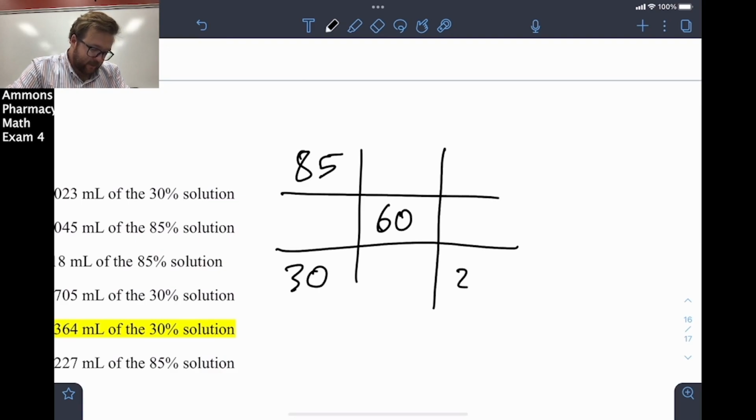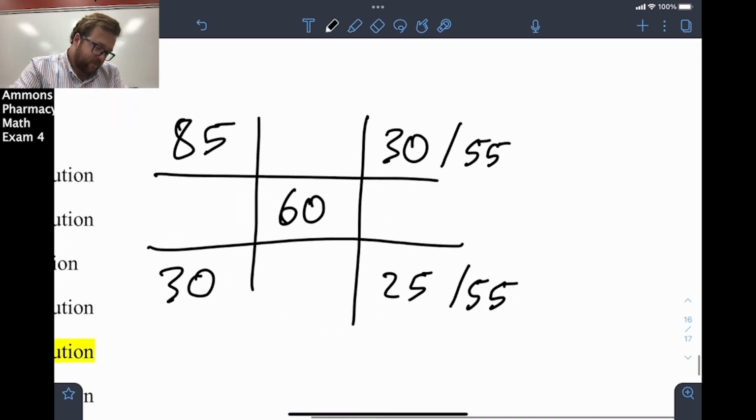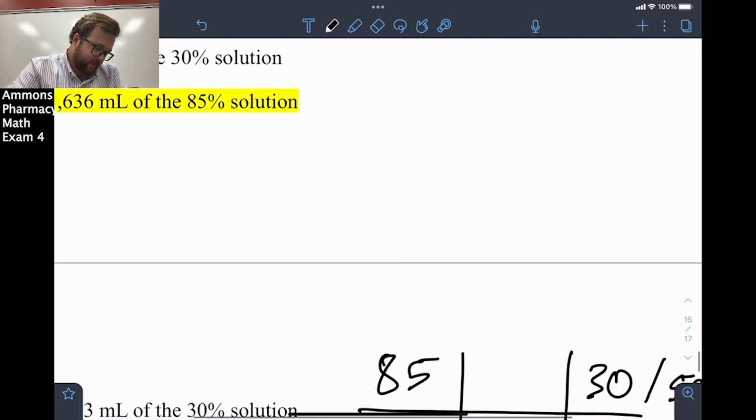85 minus 60 is 25. 60 minus 30 is 30. So this is over 55, right? 30 plus 25. I think that's right. And how many liters? 3 liters.